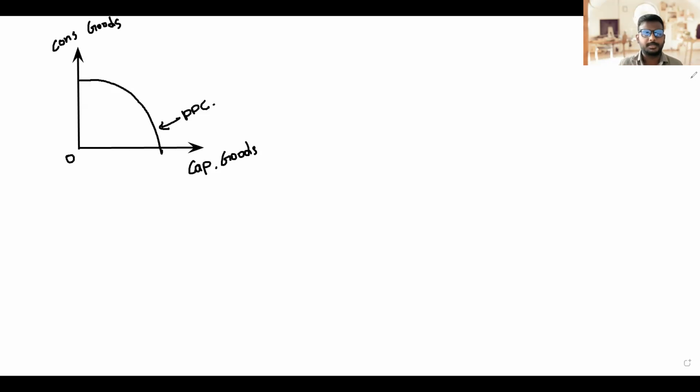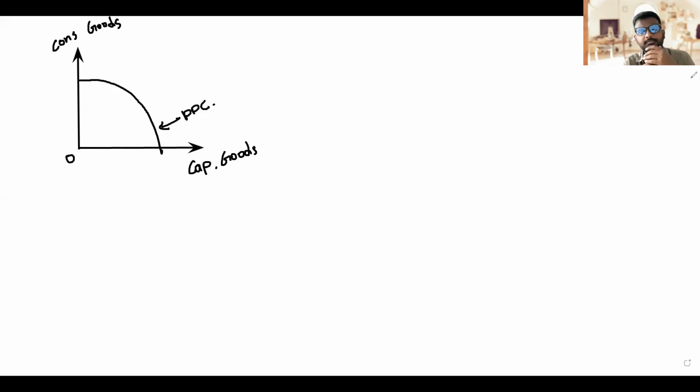In an economy, you can make consumer goods or capital goods. First, you need to know what is a consumer good and what is a capital good. So any idea what is this consumer good? At least give examples of consumer goods.